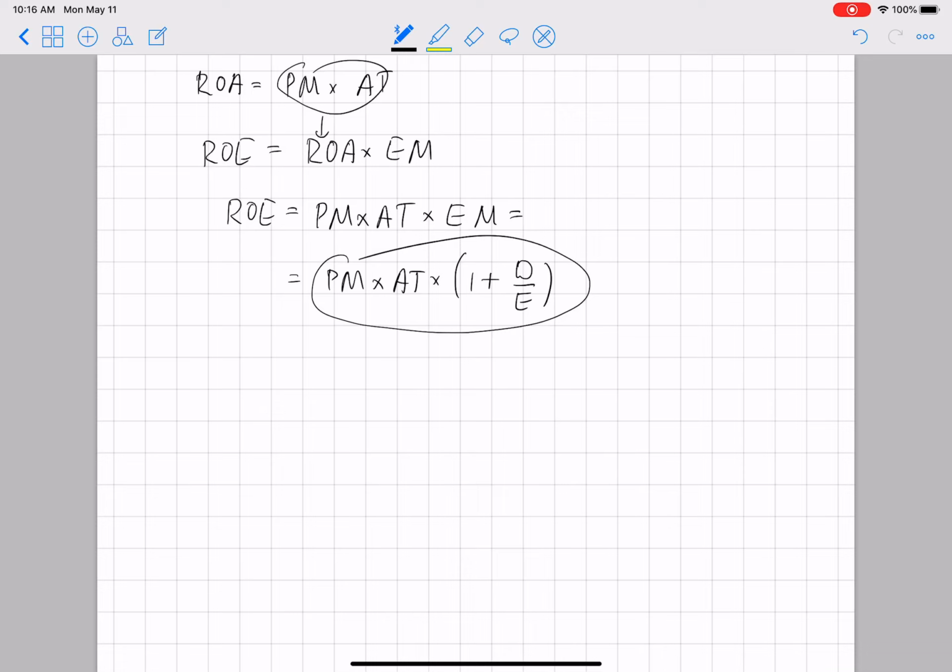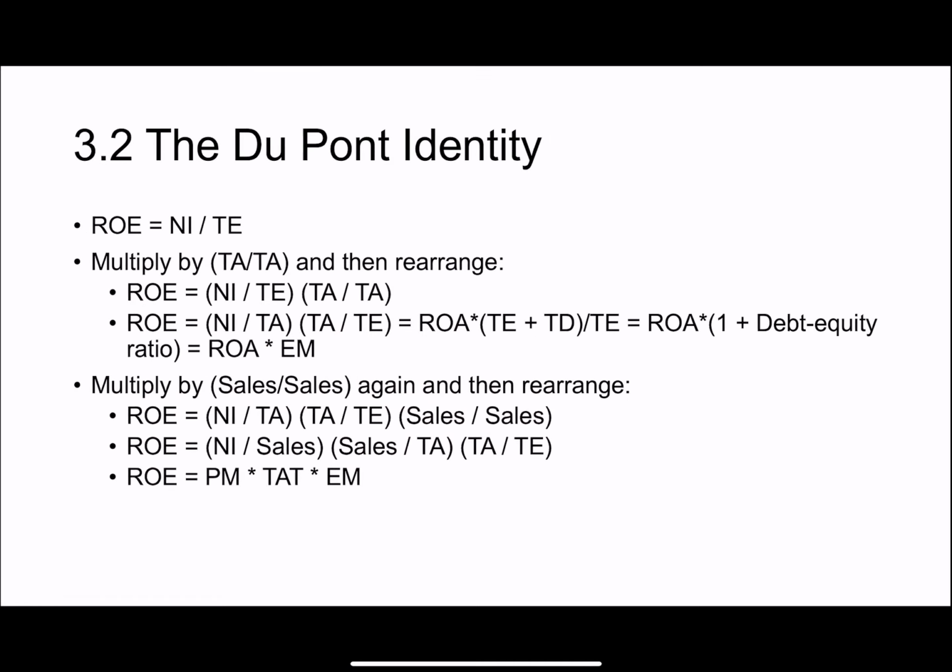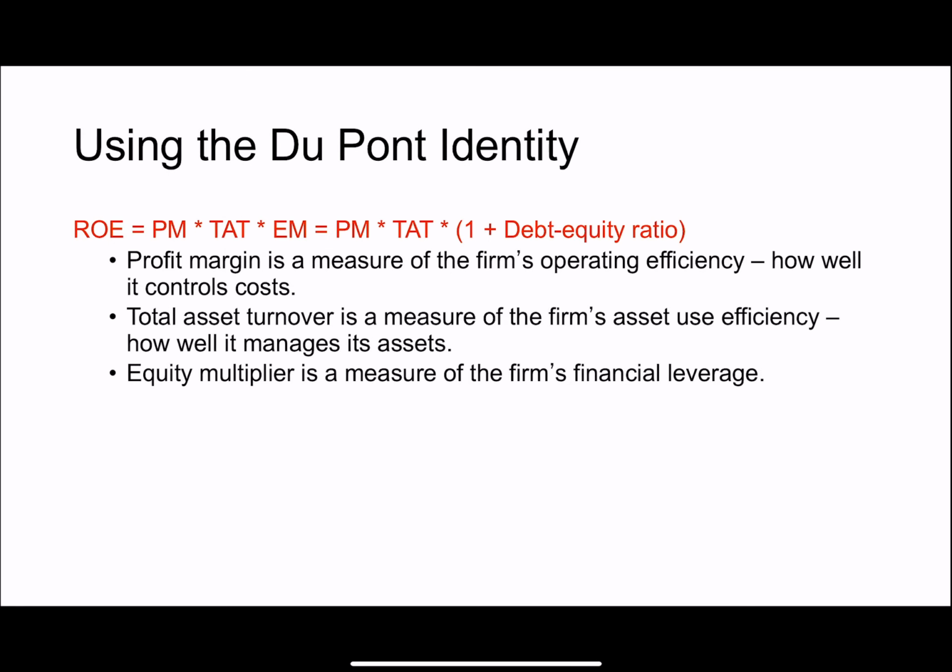Now you can see that ROE is driven by profit margin, which is cost efficiency; asset turnover, which is your ability to efficiently generate sales with your assets; and the degree of financial leverage, which is debt over equity. So that's basically what this equation does.